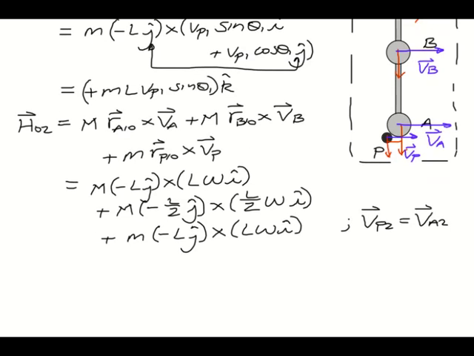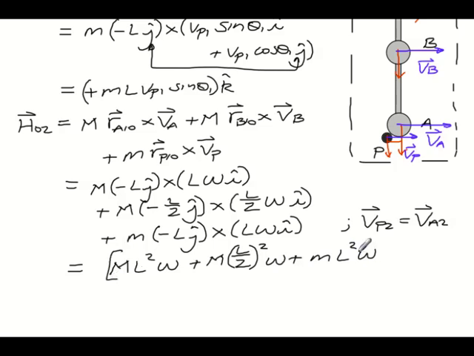So I carry through all my cross products here. j cross i again is a minus k, so this ends up being a big M L squared omega that's coming from A. I have a big M (L over 2) squared omega from B, and then for P it's a lowercase m L squared omega.